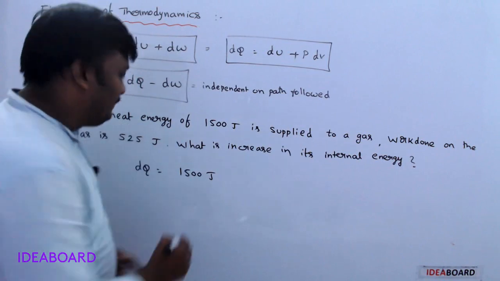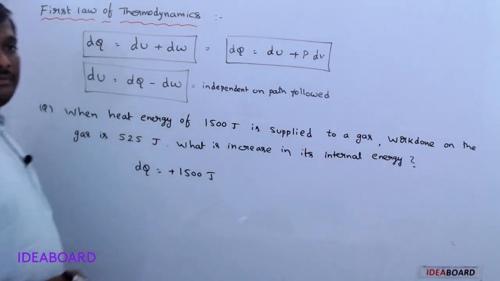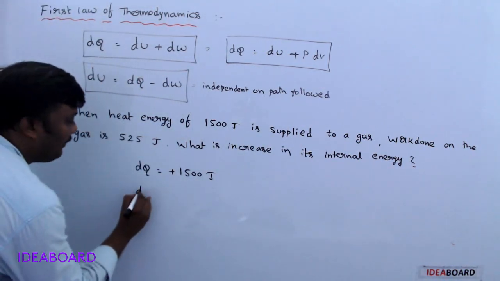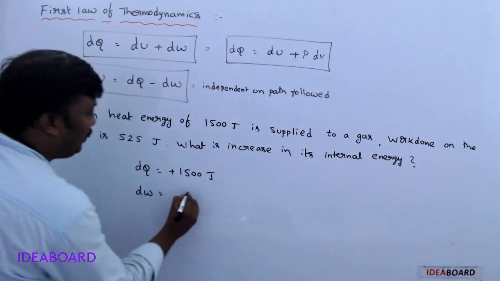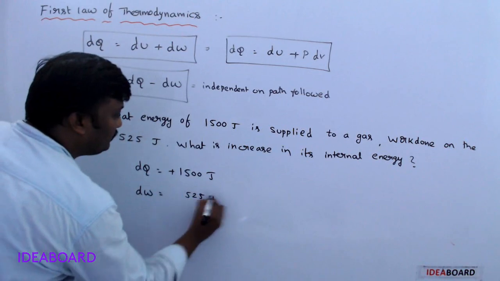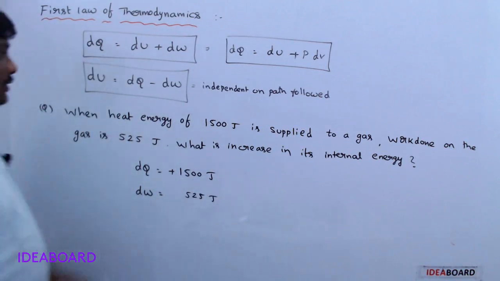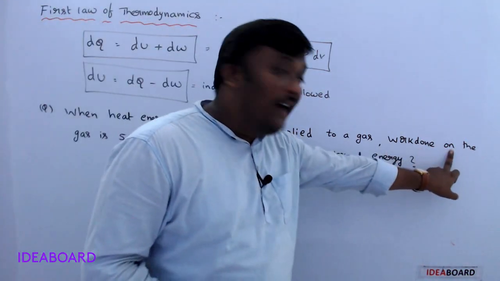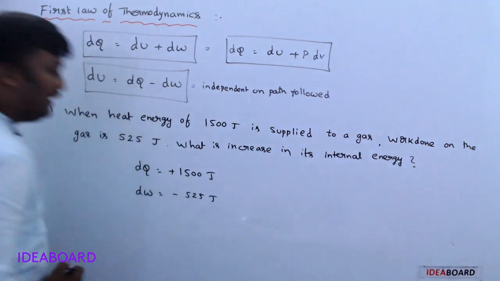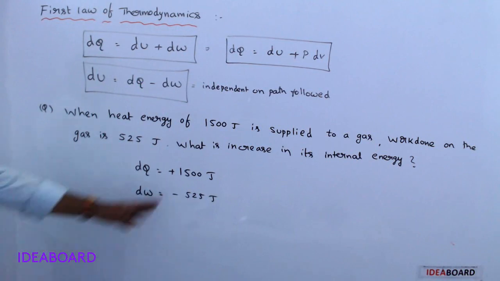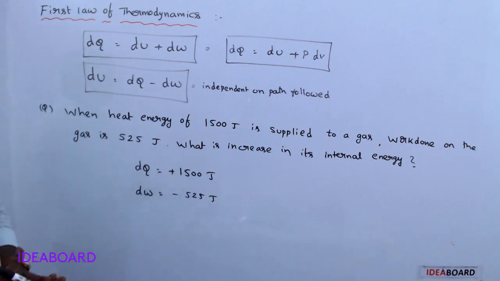Supplied to the system, that means positive. Next, dW value is given as 525 joules. Positive or negative? Work done on the gas, that means work done is negative. Please write the sign conventions properly, otherwise you won't get the answer clearly.